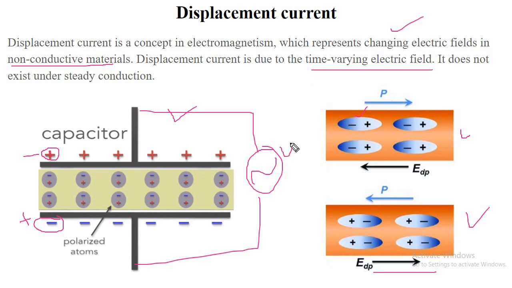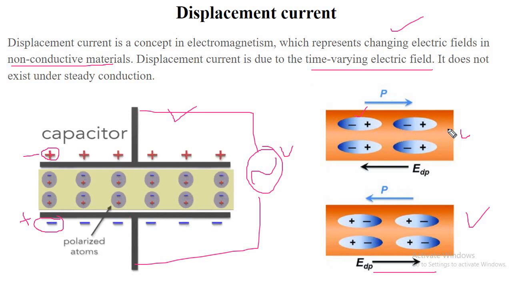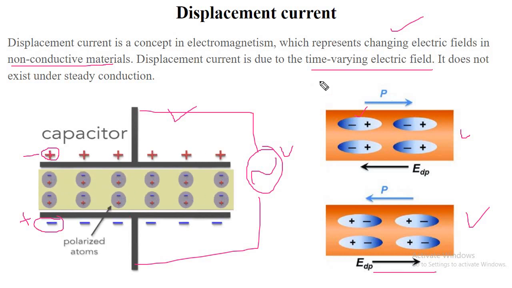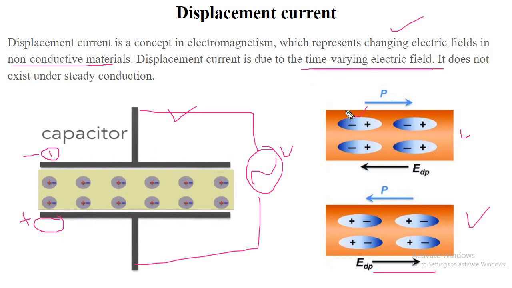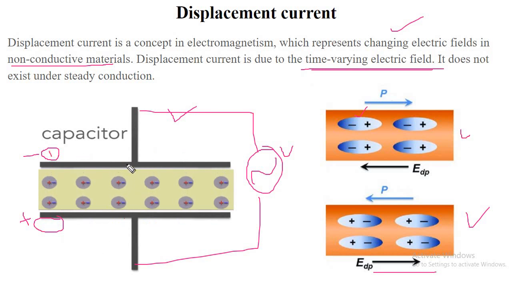Due to this, there will be a flow of current within the bad conducting or non-conducting material. Here, free electrons are not carrying the current. Rather, inside the non-conducting material, the time-varying electric field helps pass the effect from one plate to another.